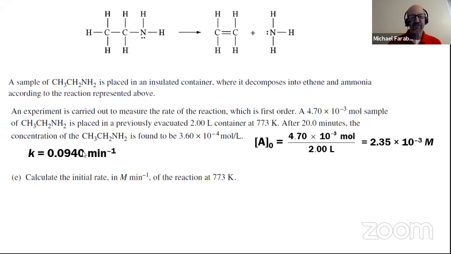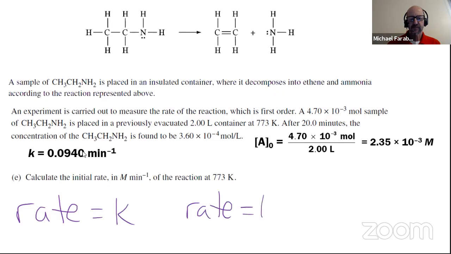Okay, next part of the question, calculate the initial rate. So remember that we're talking about a rate law. And so I'm just going to go ahead and write some rate laws here, using A as a generic reactant. This would be 0 order.